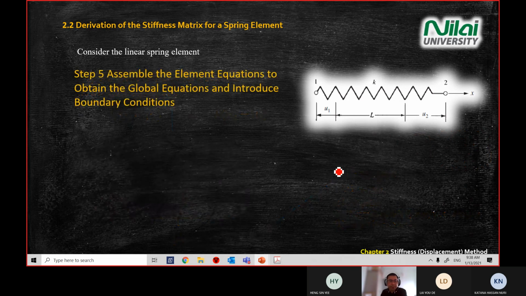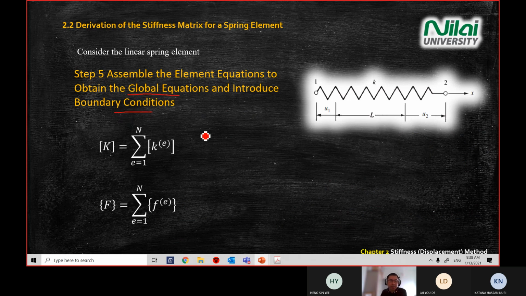Okay. Then you assemble them into a global equation with a boundary condition. This is just a mathematics formula. So if you see this big symbol, it means sum or assembly.